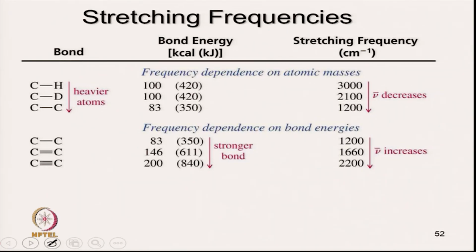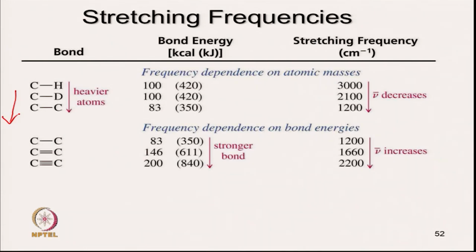Here we are talking about stretching frequency. Let us think about the stretching frequency of a CH bond, a CD bond and a CC bond. As we know, the atomic weight of C is higher than deuterium, which is higher than hydrogen. So, as we go from CH to CC, your mu value is going to increase, and if mu increases, you expect that nu will decrease, or delta E will decrease.